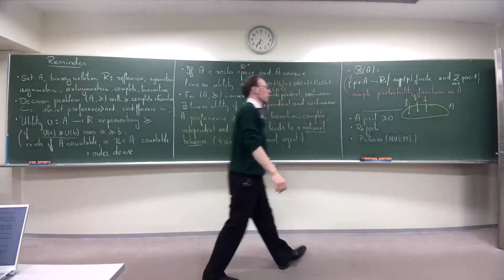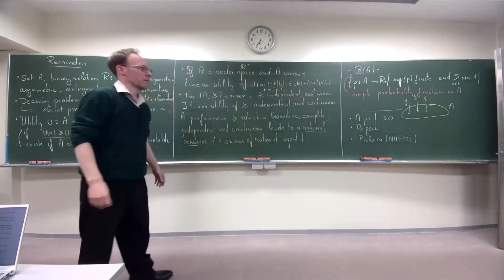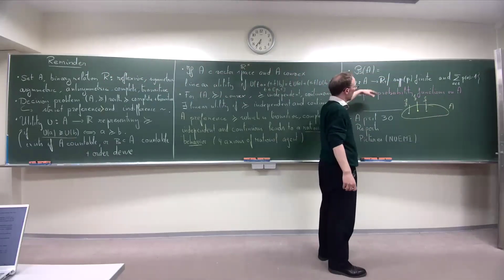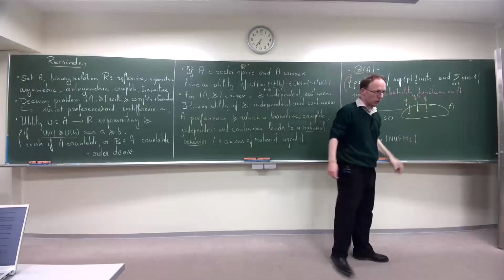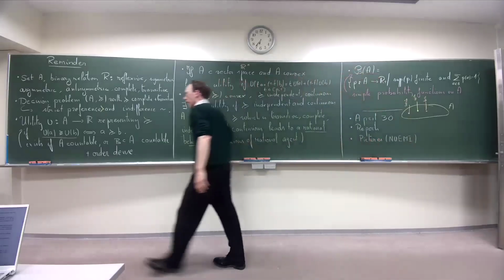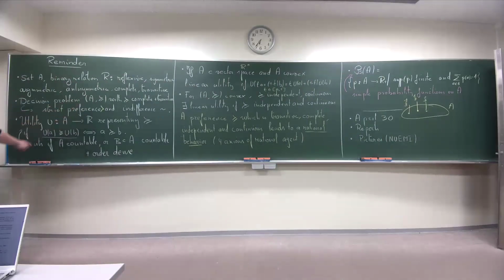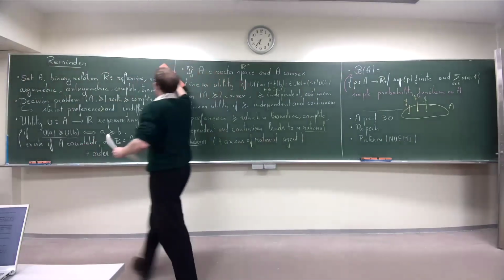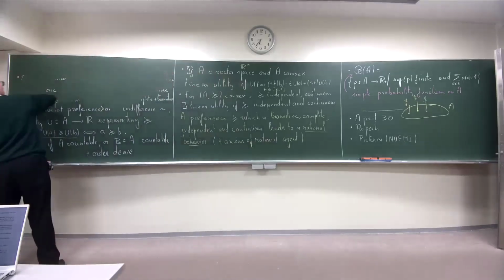So for example, 1 over 3, 3 times. If you look in a slightly more general framework, it's called a simple probability function on A. And so let me finish. We will come back to this setting next week, but it's good to already introduce it.